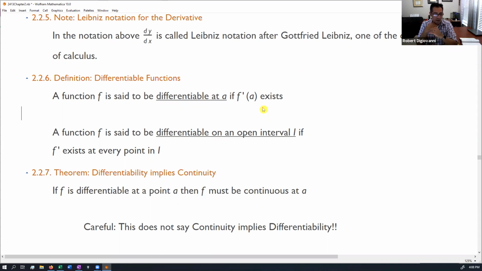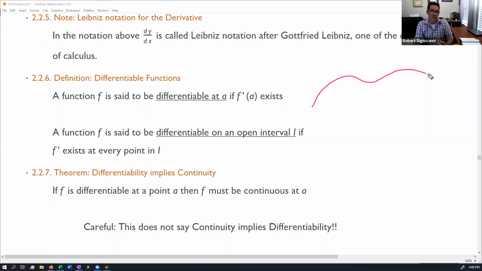But that's an important statement because we talked last class about continuity. Remember, continuity had to do with the idea of whether you can draw a function without picking up your pencil. If you could, then it's continuous.